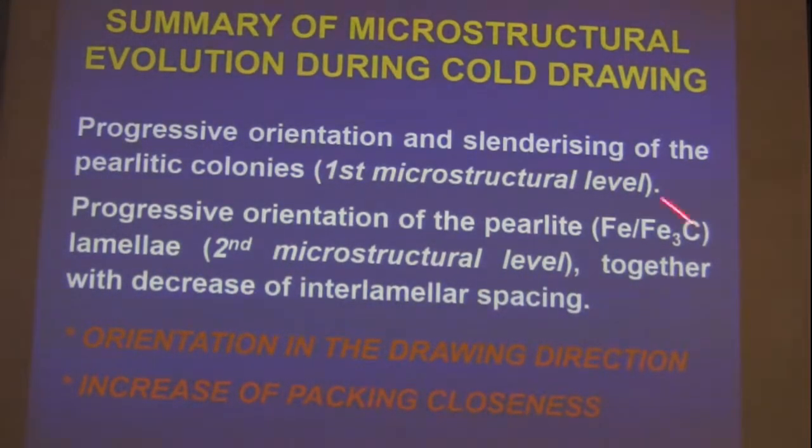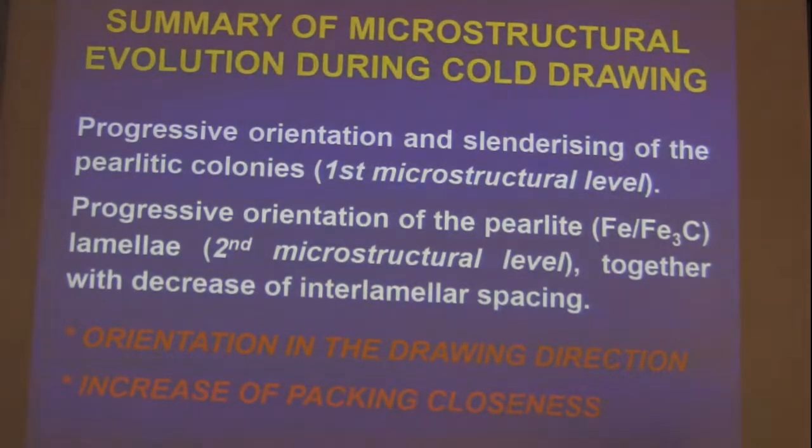Then a summary of microstructural orientation. We have progressive orientation, alignment, and slenderizing of the pearlitic colonies, this first microstructural level, and in addition also progressive alignment or orientation of the ferrite cementite lamella. This is the second microstructural level, together with a decrease of interlamellar spacing and an increase of packing closeness.